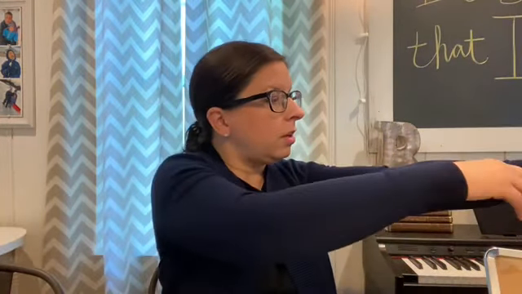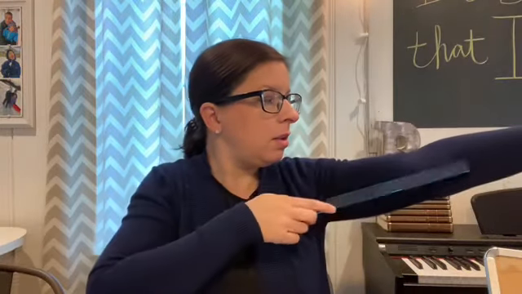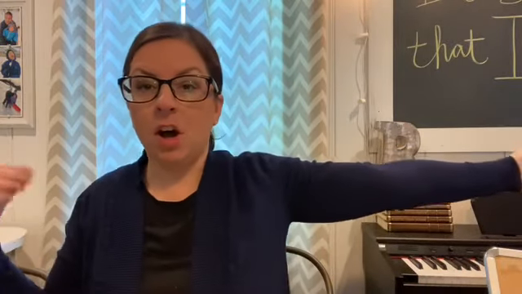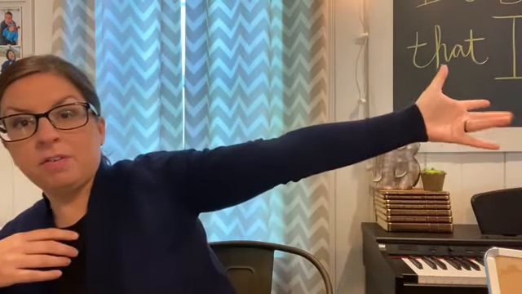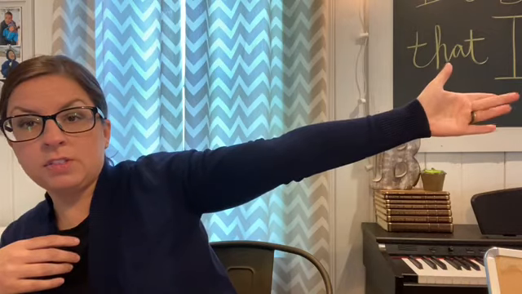So 1, 2, 3. Okay, so a yard is about from the tip of my longest finger to the edge of my shoulder. Okay, that's about a yard. So 3 feet are in a yard. So if you have 3 feet, you have 1 yard.